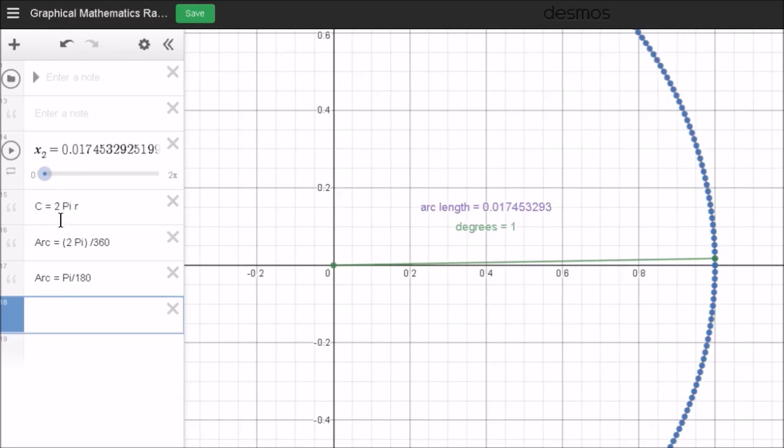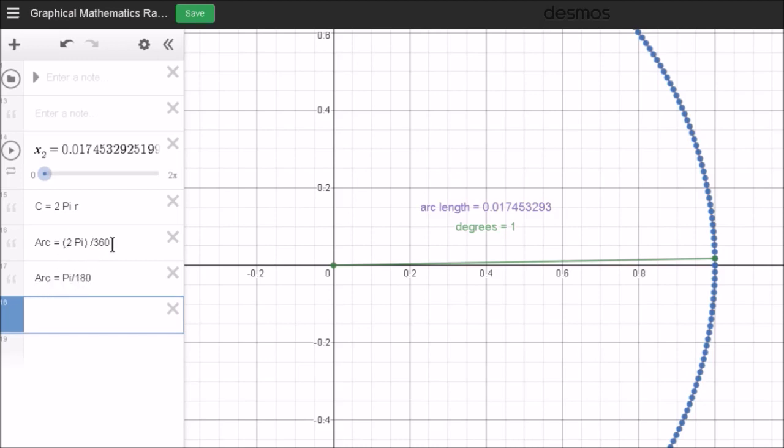Therefore the arc length is just going to be a fraction of the full circumference. So in this case we're splitting it into 360th parts. So the arc length then is going to be 2 pi divided by 360, or equivalently, pi upon 180.